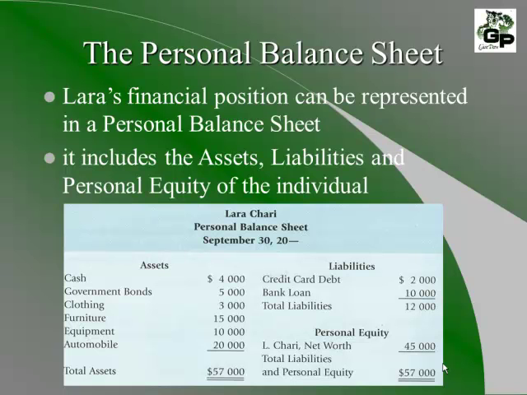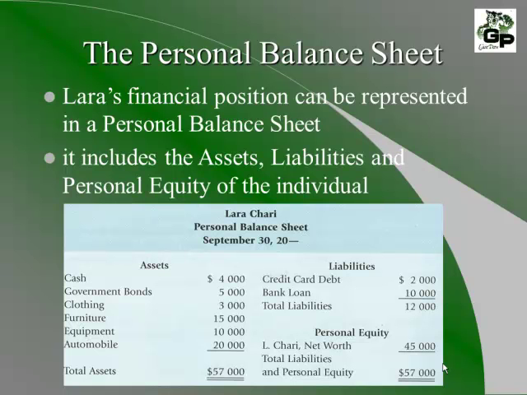And under here, we list the person's name, Laura Chari, and then we put net worth. And as determined by the equation, this is $45,000. Then at the very bottom, we have to add both the liabilities and the personal equity. So we have to write a title called Total Liabilities and Personal Equity, and that gives us $57,000.